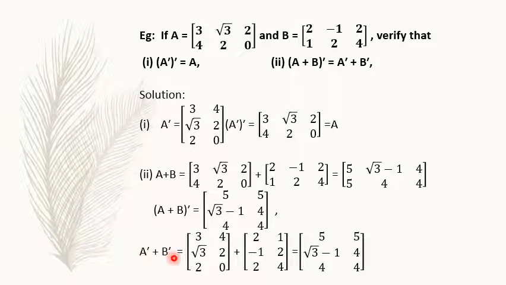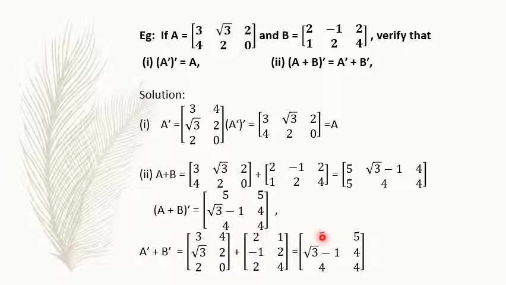The matrix A is given, transpose of A: row becomes column, second row becomes second column. Now B transpose, first row becomes first column, second row becomes second column.